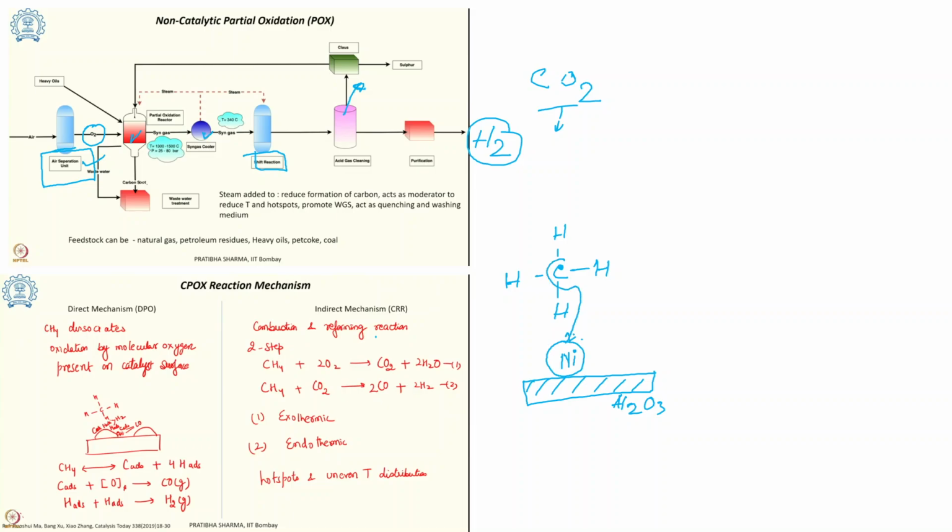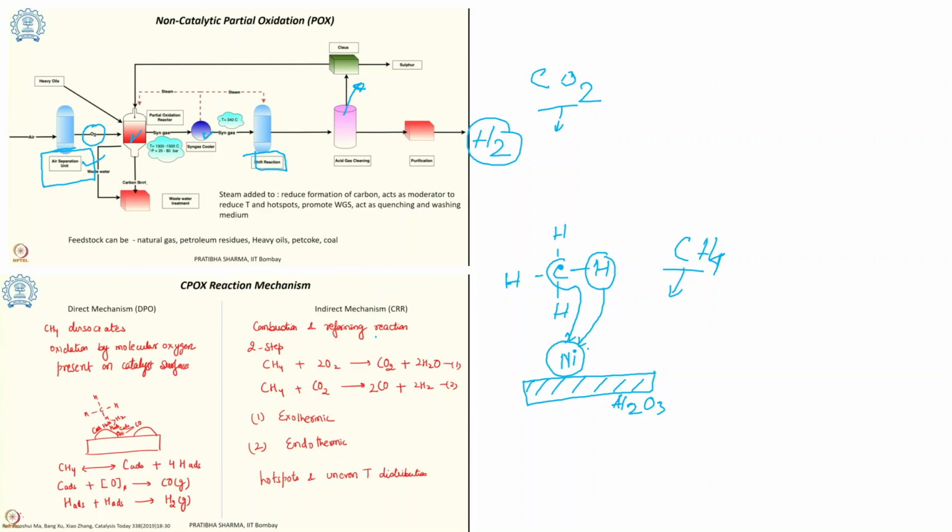Carbon is absorbed by this catalyst. Hydrogen is absorbed by the catalyst. I mean the different sites are reacting. When the carbon adheres to the catalyst or hydrogen adheres to the catalyst, that means there is breakage of the bonding of CH4.